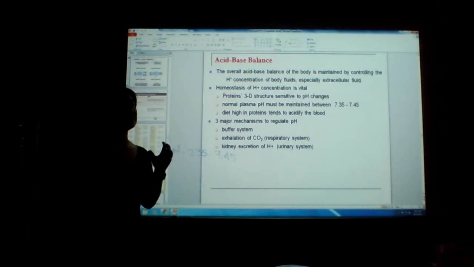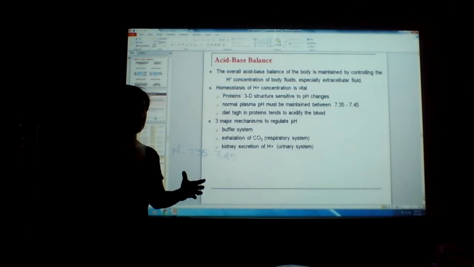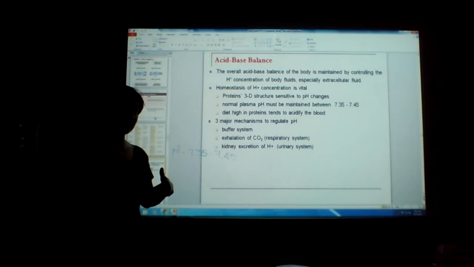Why? The most abundant organic compound that the body is made of is protein. And you know that proteins can be denatured by too much acid, or too much base. Between acid and base, normal day-to-day activities will most likely expose us to acidic conditions rather than basic conditions.